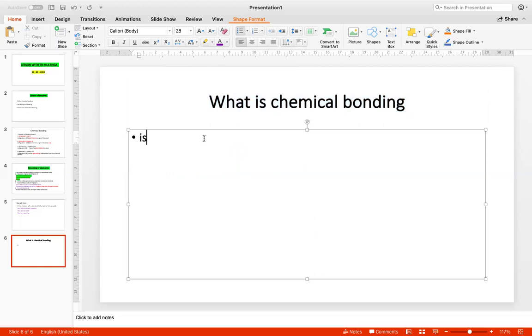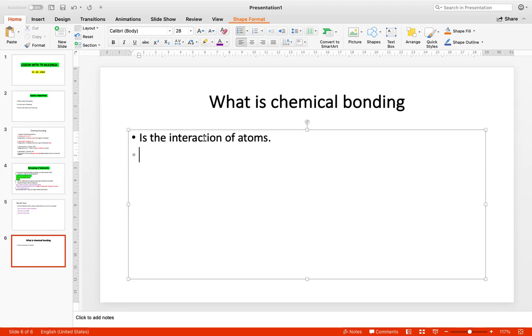So we can say that this is the combining, or this is the interaction of atoms. In simpler terms, we may define it in that way. Bonding is the interaction of atoms.